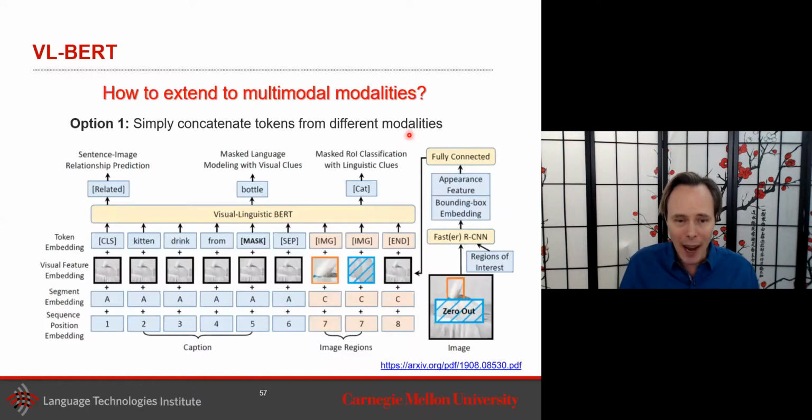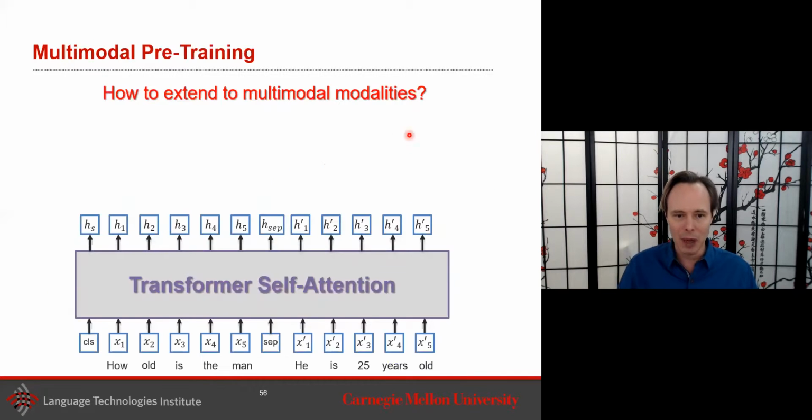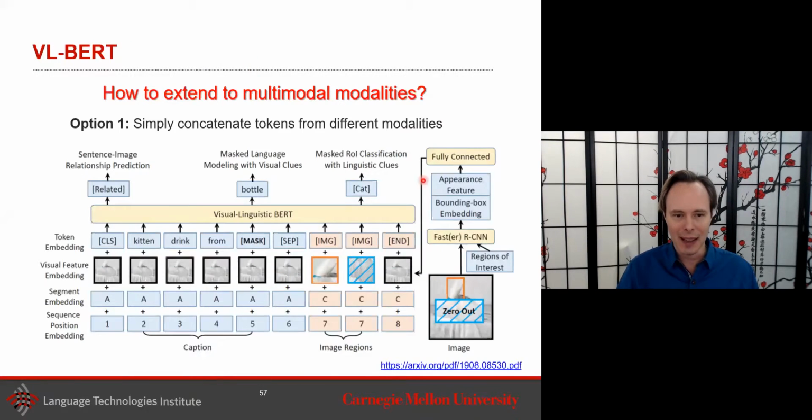The simple way is to just concatenate everything and apply self-attention. But how do you train it? You can use the same idea as the distributional hypothesis: you mask certain words, and that gives you the loss.